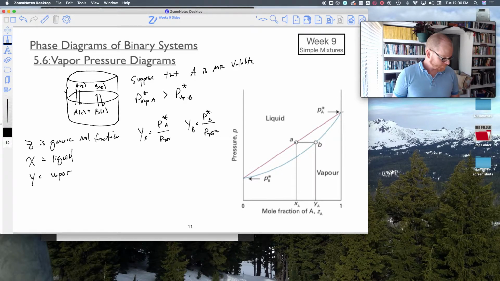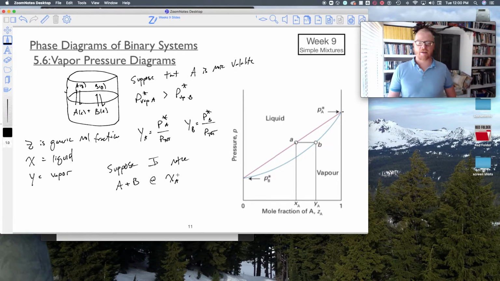Okay? So now the way this works, suppose I make a solution of A and B with the mole fraction, whatever it is, chi A, indicated by this point right here.